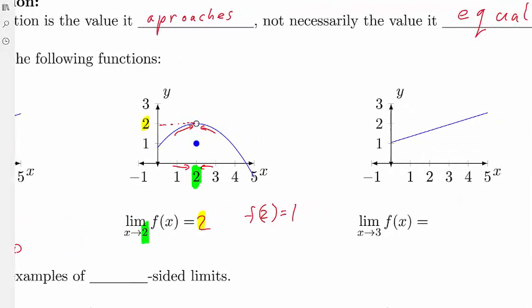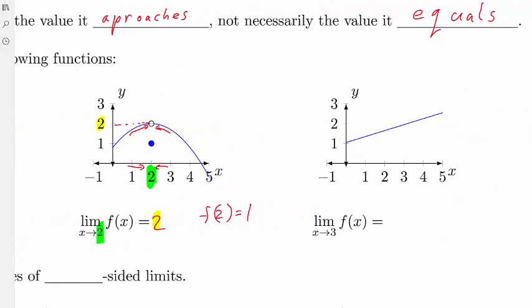All right, so the next one, what is the limit as x approaches 3? All right, so we're looking for 3 here. There we go. Well, it looks like it's approaching this value here as we get closer from one side or the other. So it looks like it's 2. Now, if I asked you, what is f of 3, you would tell me 2 as well.